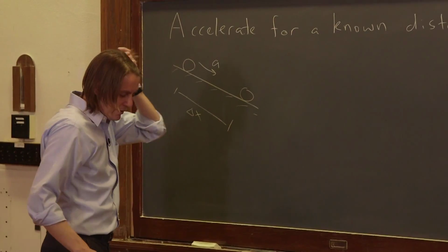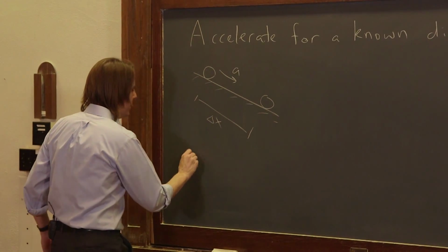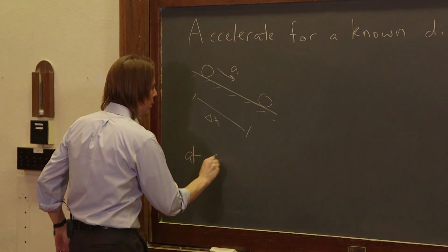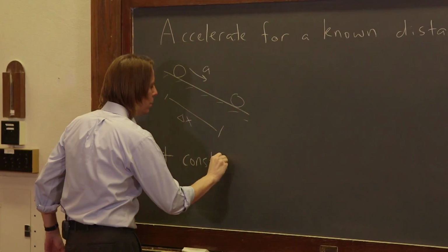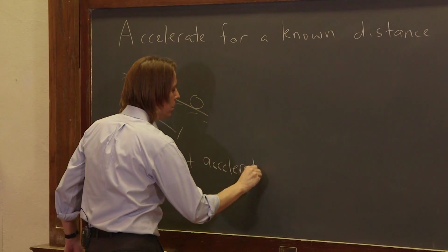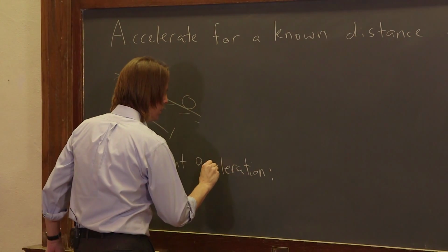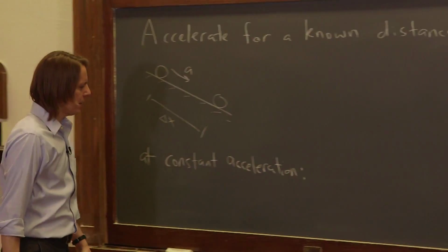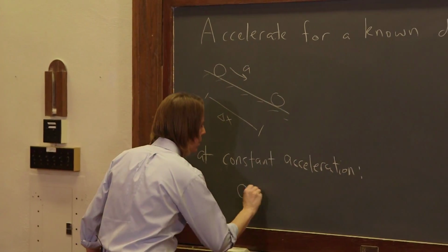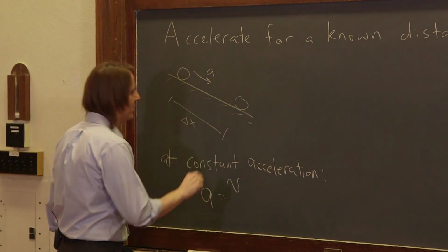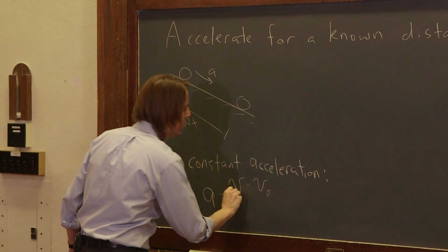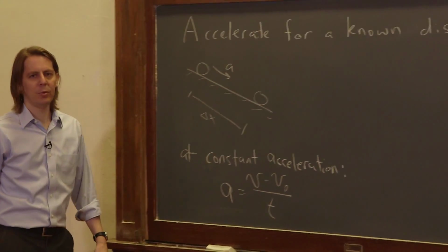So let's see, at constant acceleration, which we are assuming, what do we get? We know that a is the velocity it gets to when it's here, minus the velocity it had initially, over this time that we don't know.